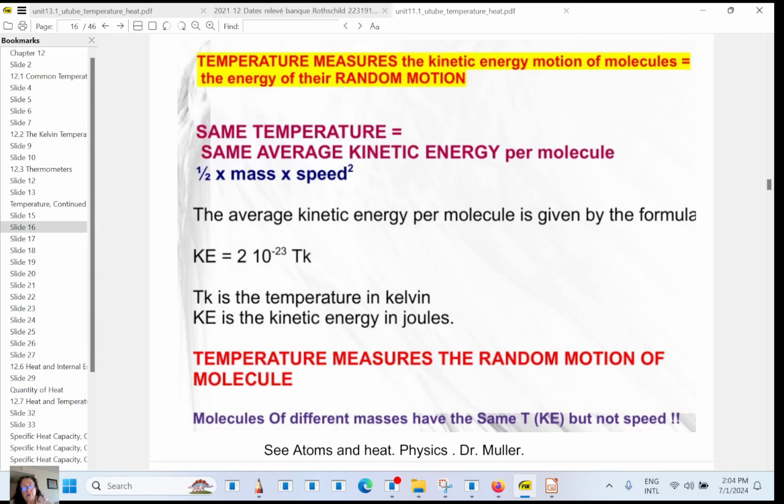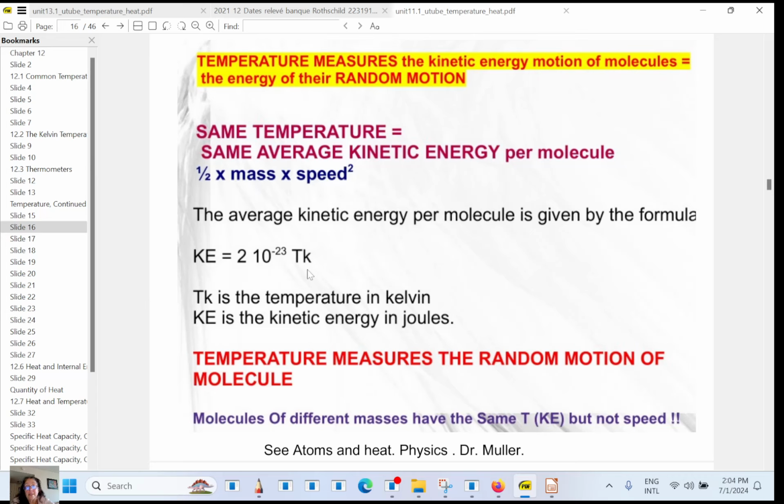It comes from the book Physics Behind the Headline. And you see that if two materials have the same temperature, that means that they have the same kinetic energy per molecule, but it doesn't mean that the molecules have the same speed because it depends on the mass.